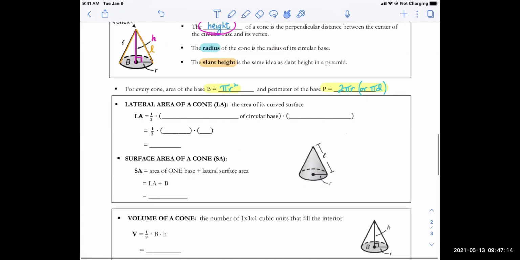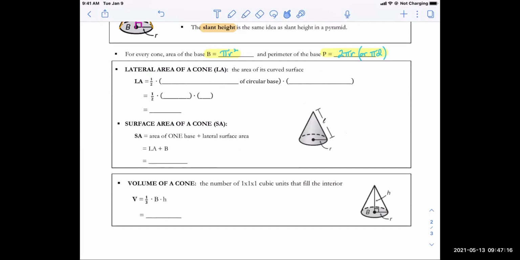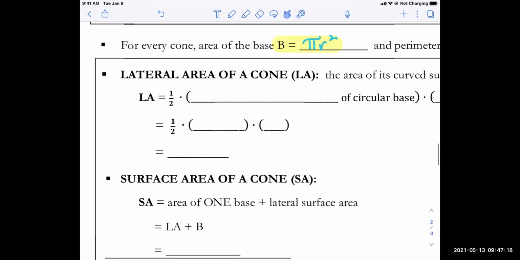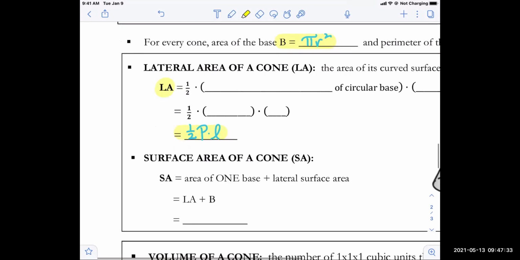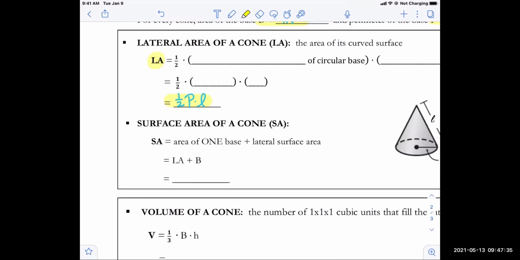I don't even care about deriving these formulas. I'm just going to write them for you here. Lateral area is 1/2 the perimeter of the base multiplied by the slant height. So really just the same formula. Okay, and then surface area, you're going to add on a circle. So it's still going to be the lateral area plus 1 base.